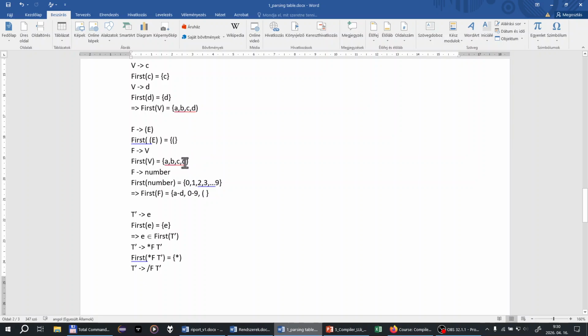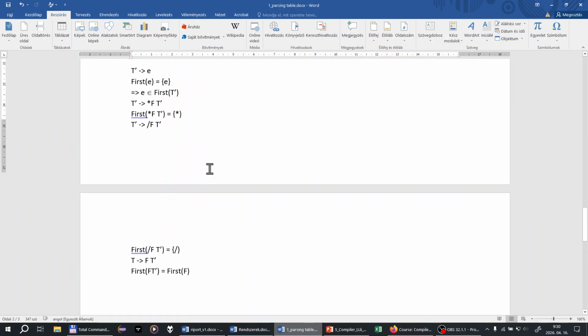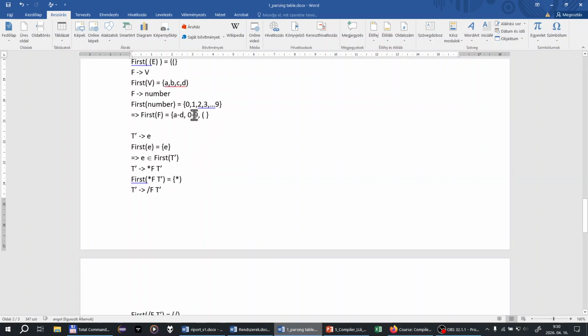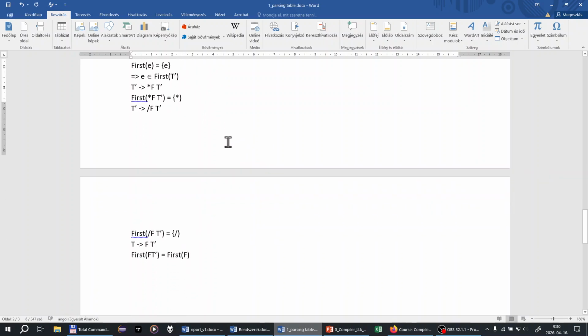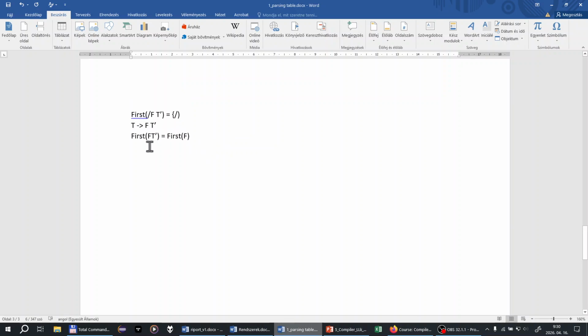Okay, and in this case, if T starts with F T prime, then first F T prime equals first F equals this. So similarly, T can be started by either a letter, a number, or an opening bracket.